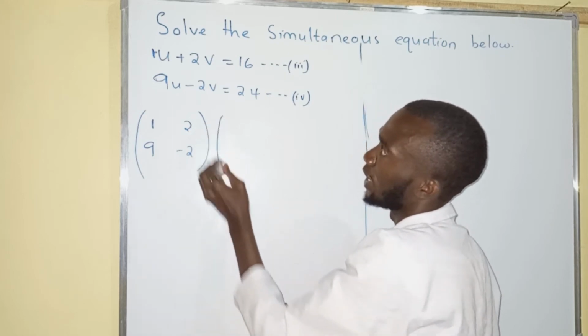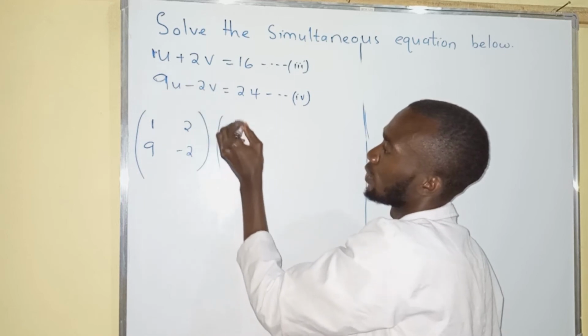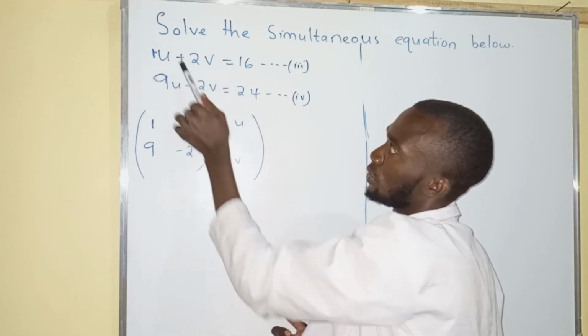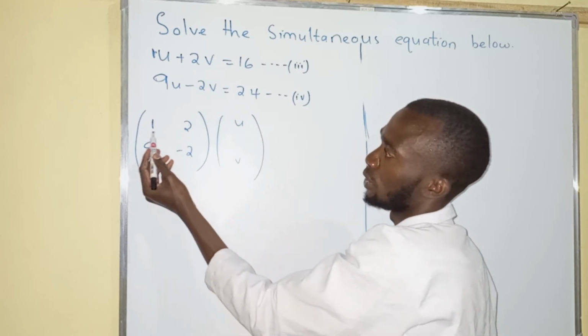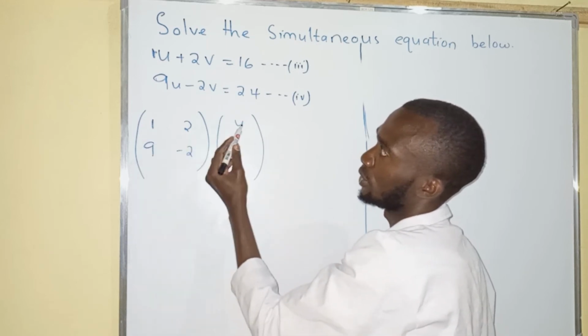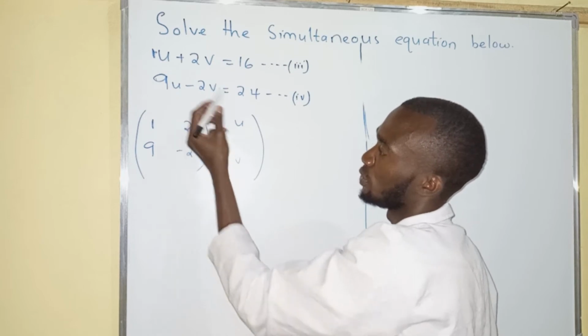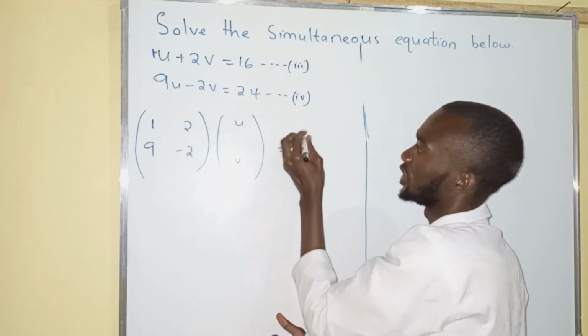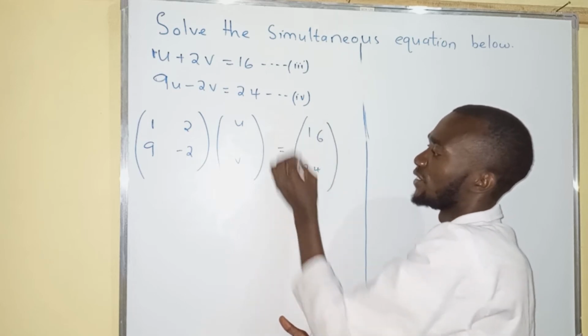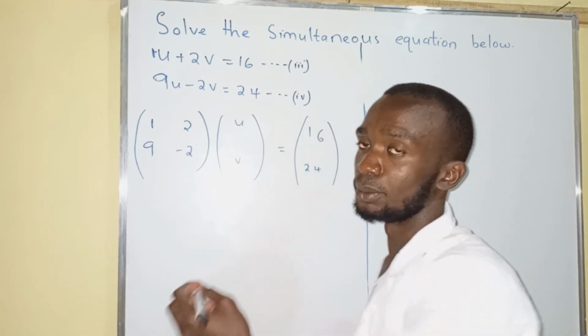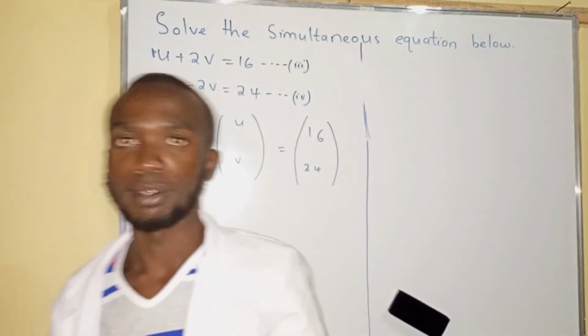Then multiply by uv. You started with u and then v, so that when you reopen the bracket, rows and column, 1 times u is 1u, 2 times v is 2v. This is the same as 16, 24. So I have just rearranged the simultaneous equation in the matrix form.